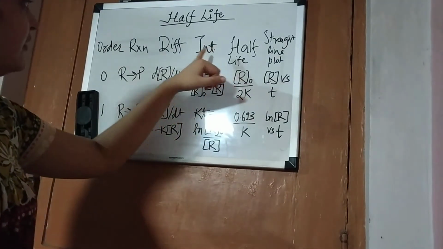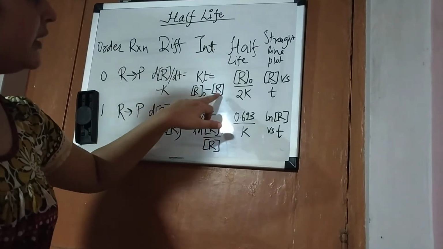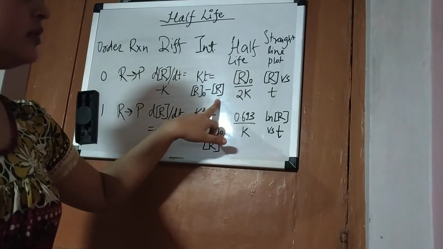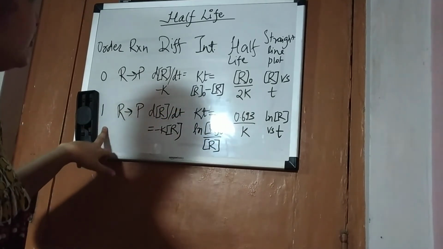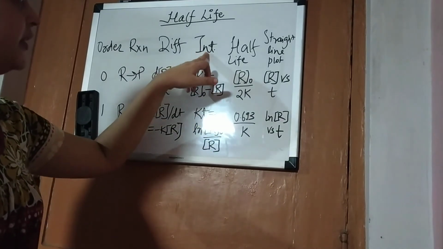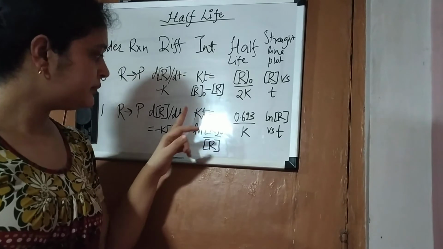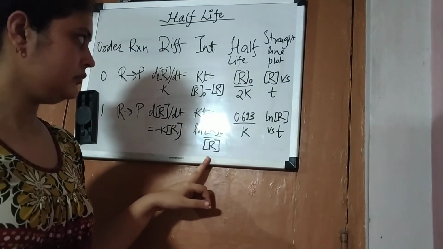Now the integrated form of zero order reaction is kt is equals to R naught minus R, that is initial concentration of reactant minus final concentration of reactant, right? Now for first order reaction, the integrated rate law will be kt is equals to ln R naught upon R, right?